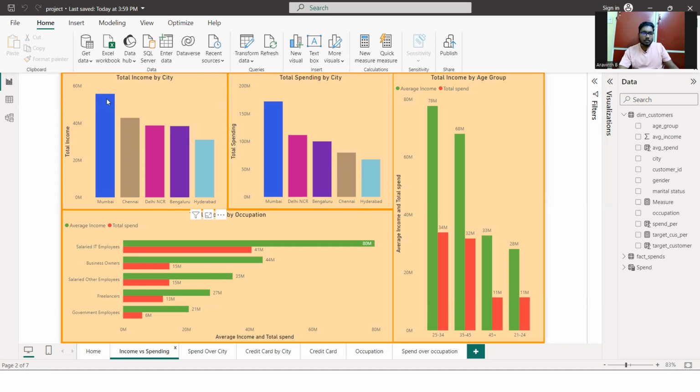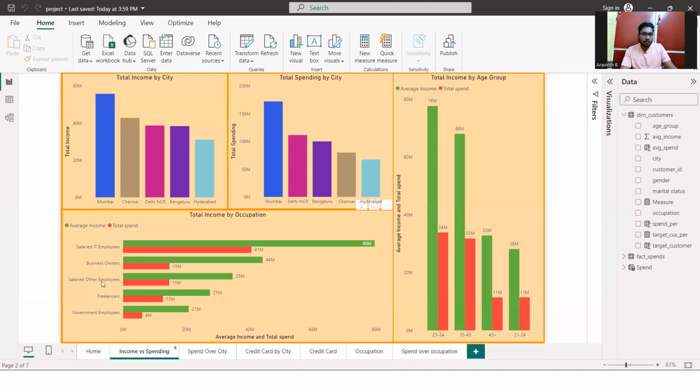And among the other cities, Mumbai has a very high amount of income and a high amount of spending also. And if you see which occupation will yield more income and which occupation people will spend more, it's salaried IT employees who are spending more, and they are earning more also. Next to IT employees, spending-wise, freelancers are earning 27 million and spending 13 million.